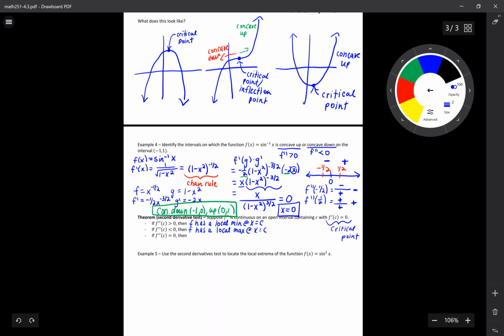And if f double prime of c is equal to 0, then this test is inconclusive. So this is called the second derivative test.